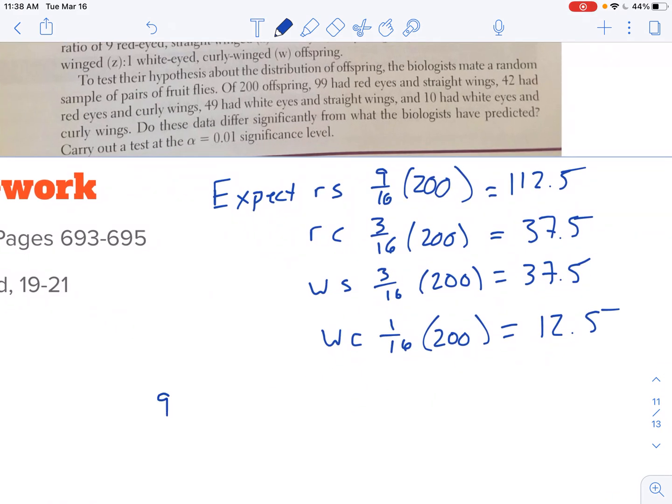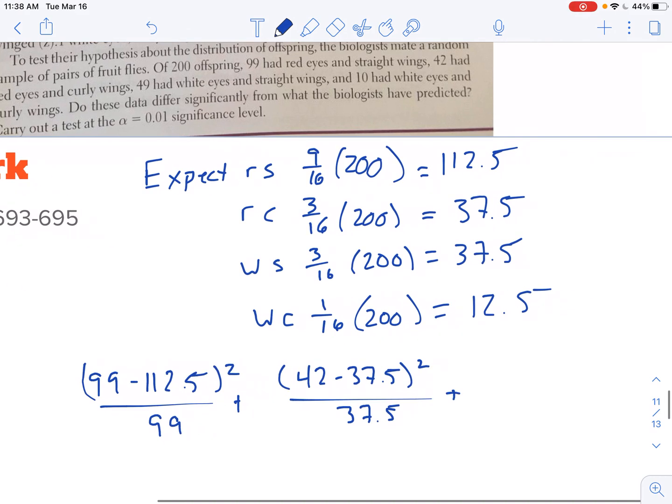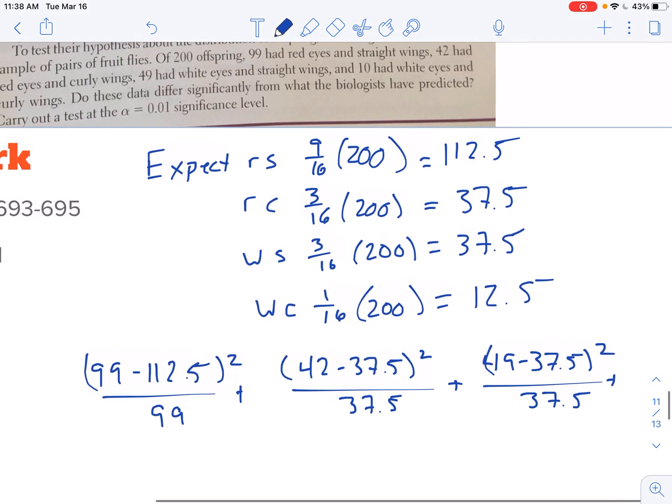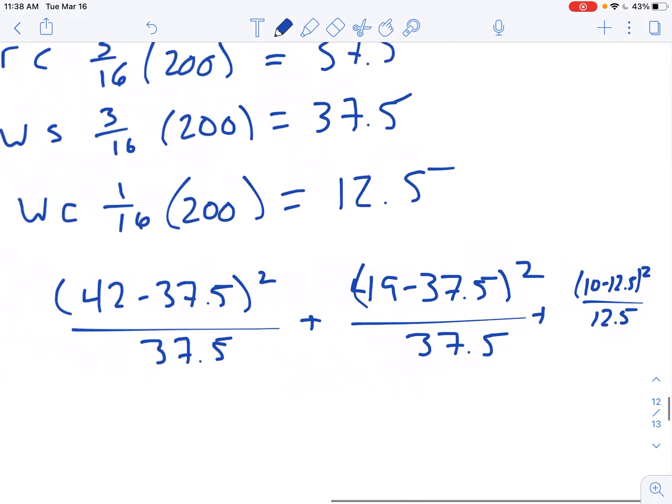So we have 99 minus that 112.5 squared over 112.5 for the red-eyed straight wings, plus 42 minus 37.5 squared over 37.5 for the red-eyed curly wings, plus 49 minus 37.5 squared over 37.5, plus 10 minus 12.5 squared over 12.5 for the white-eyed curly wings.